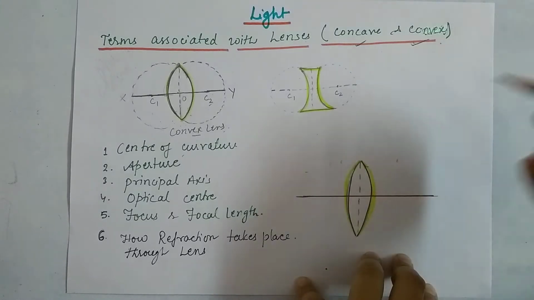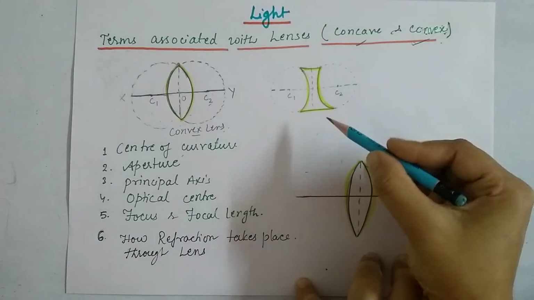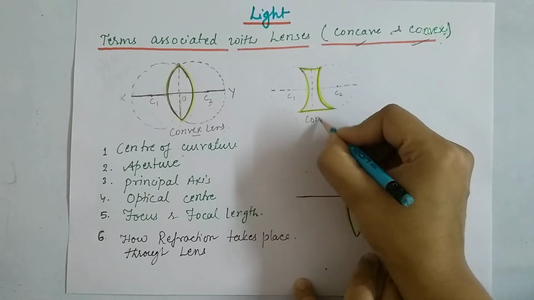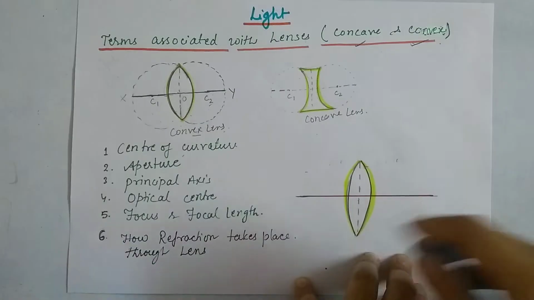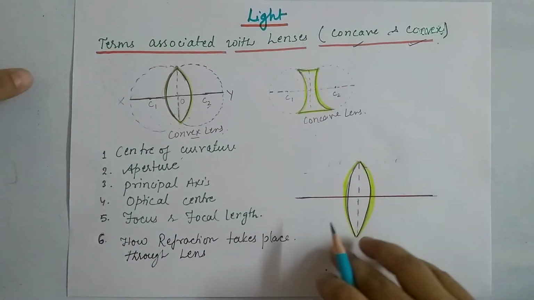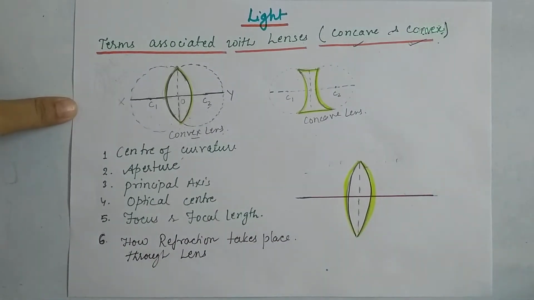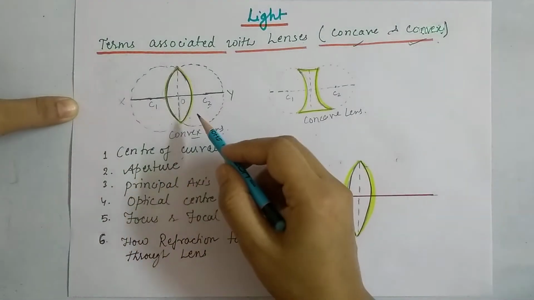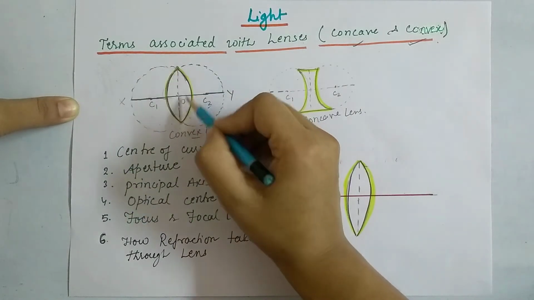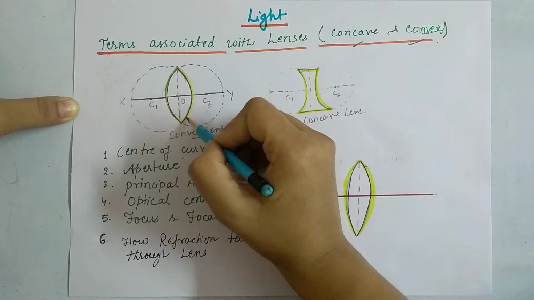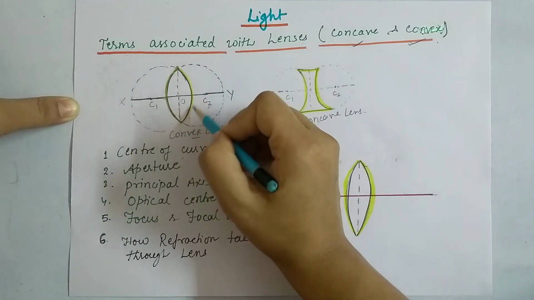So we have taken here the concave. This is your concave lens, and this is your convex lens. So how can you identify the two lenses? First of all, for the convex lens, the apex side is always thin and the middle part is always thick.